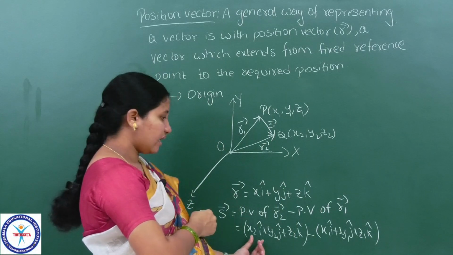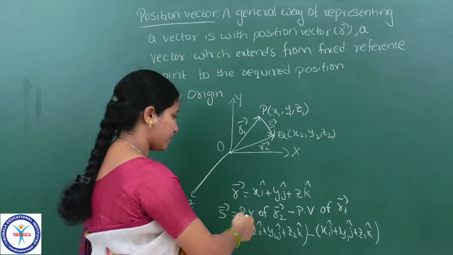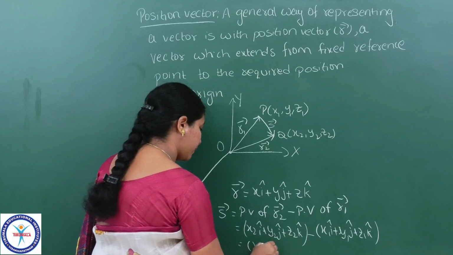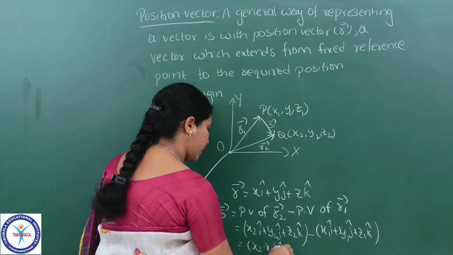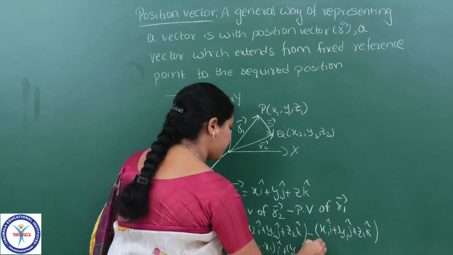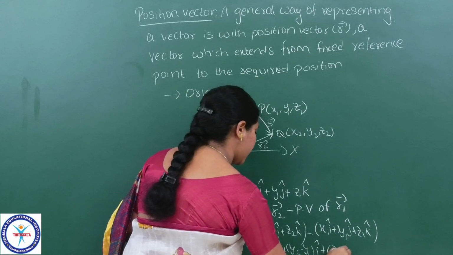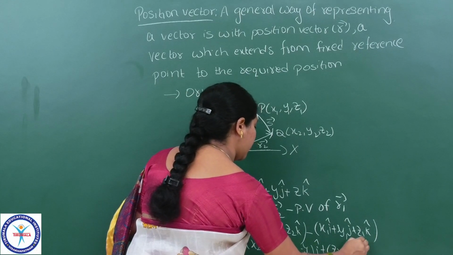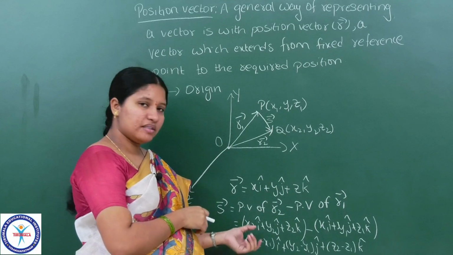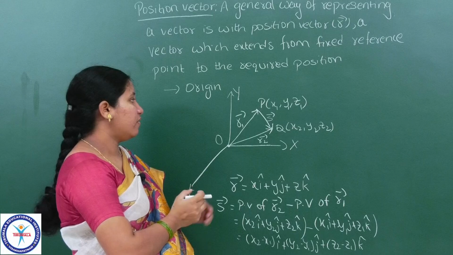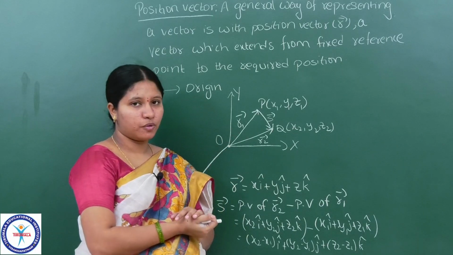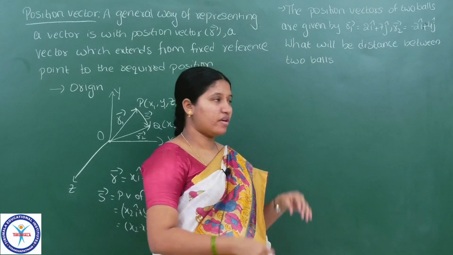Now, we can rewrite this as x2 minus x1 into i cap plus y2 minus y1 into j cap plus z2 minus z1 into k cap. In this way we can write the resultant vector S bar by considering the position vectors r1 bar and r2 bar. So, let us see one problem.